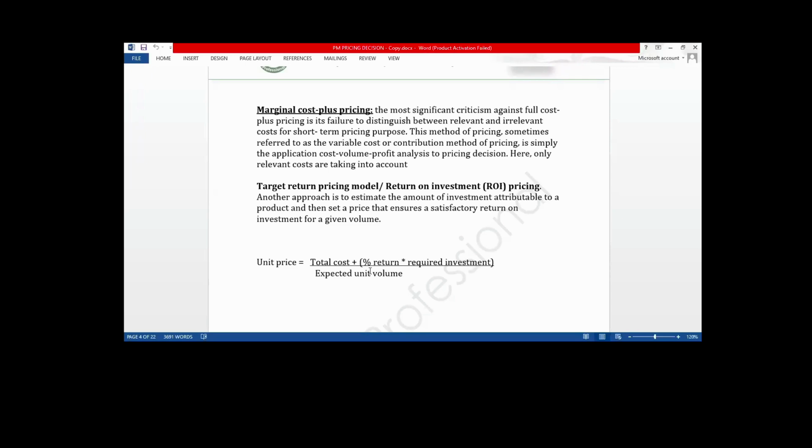We can also use this method if you are trying to maximize the wealth of the shareholders, or you are trying to meet the expectation of the shareholders. If the objective is to meet the expectation of the shareholder, then we can use target return on investment pricing method.